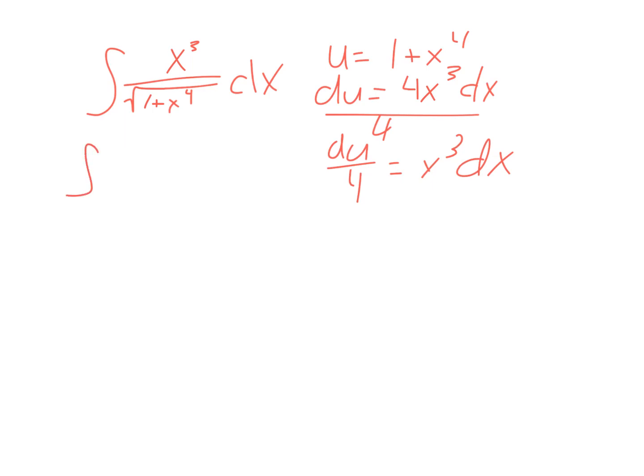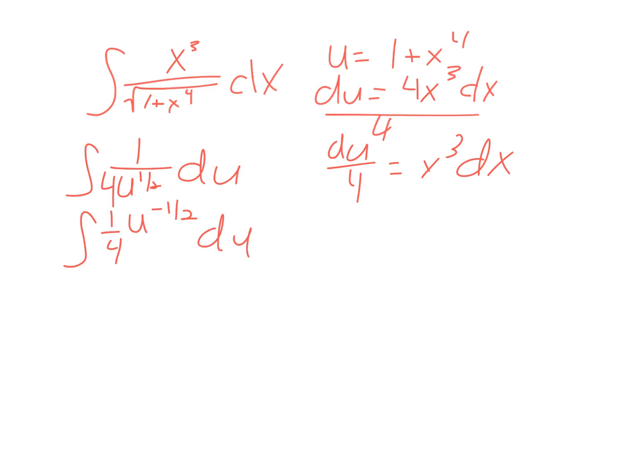So your new problem is going to be 1 over u to the 1/2 power, make our lives a little easier. Also, 4 is in the denominator because you're dividing by it, du. Another way to write it to help us with our integration is u to the negative 1/2 times 1 over 4 du.